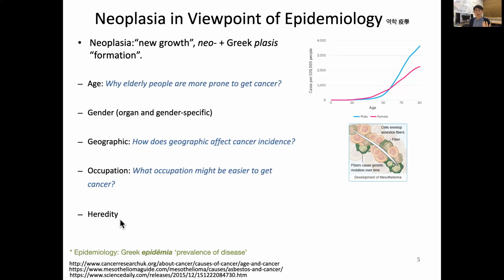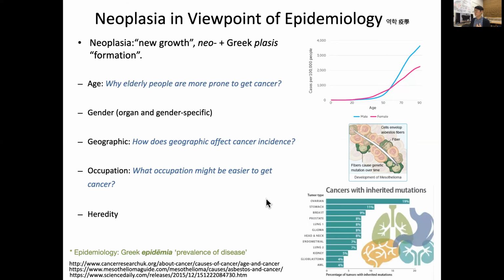And finally, of course, heredity matters. Heredity means that if we inherit a mutation from our ancestors or parents, that may increase the likelihood of getting cancer.